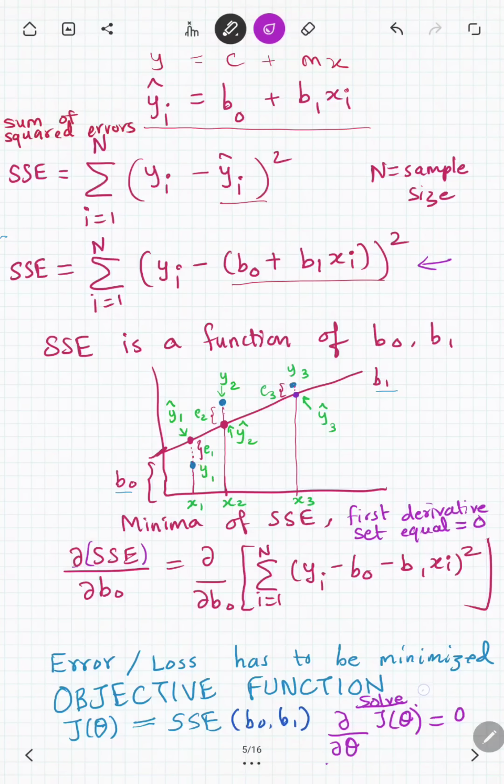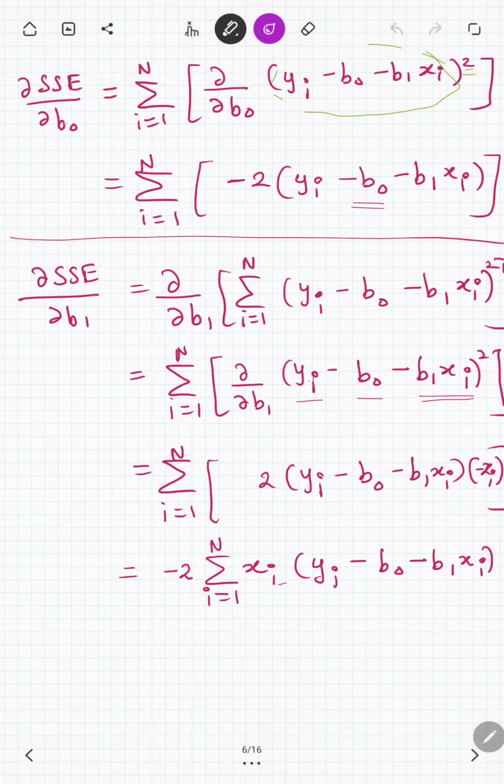So basically solve for theta, the values of theta for which this particular thing gets satisfied, those values of theta are the ones which we'll use in the model, right? So in this case we'll form two equations. One will be the partial derivative with respect to b0 and another will be the partial derivative with respect to b1, and then we'll get two equations. So now let's just solve it a bit.